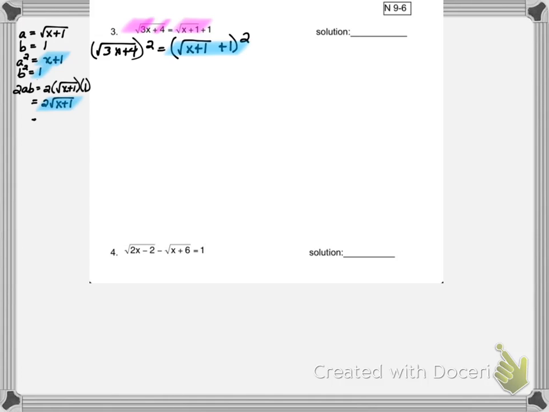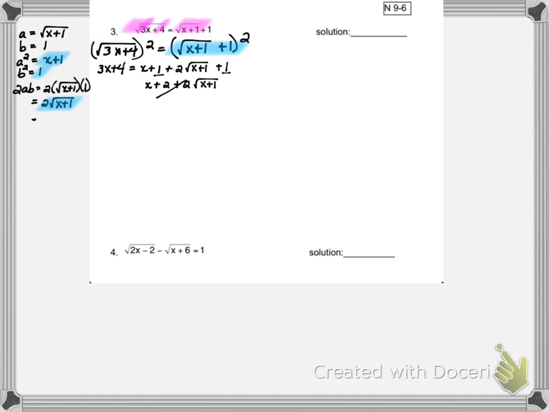Alright, so squaring this 3x plus 4, I end up with 3x plus 4 equals x plus 1, that's my a squared, plus 2ab, which is 2 times the square root of x plus 1, and then plus 1. I can add these two 1's here, which will then give us x plus 2 times the square root of x plus 1.